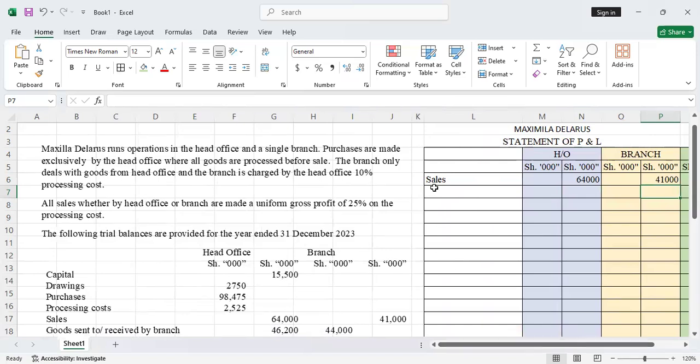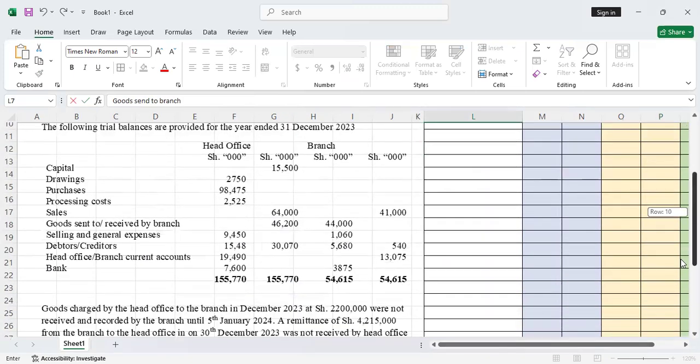Then, there's something that is happening at the branch. Goods sent to branch is sort of a sale by the head office. Okay? Goods sent to the branch.